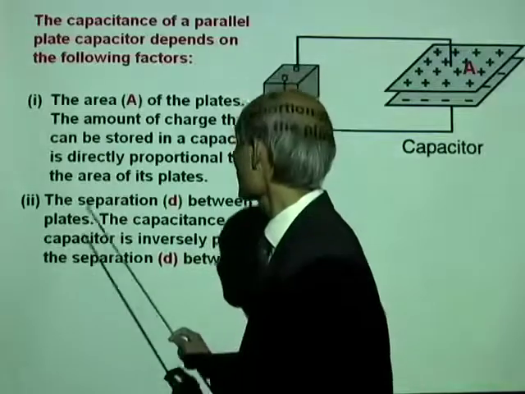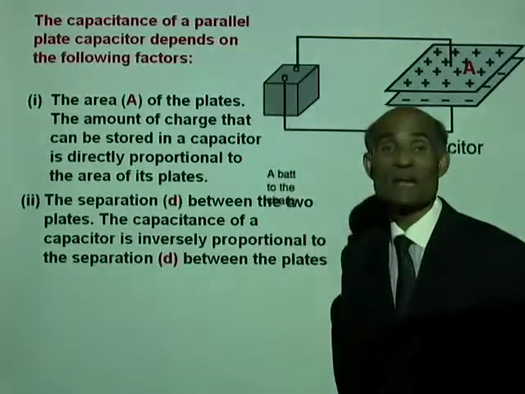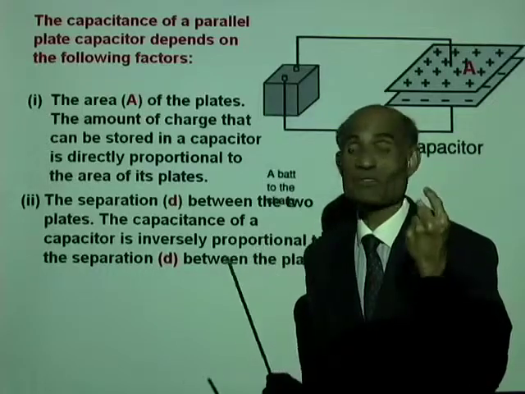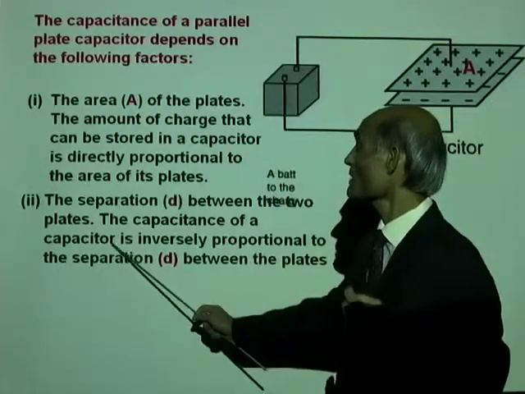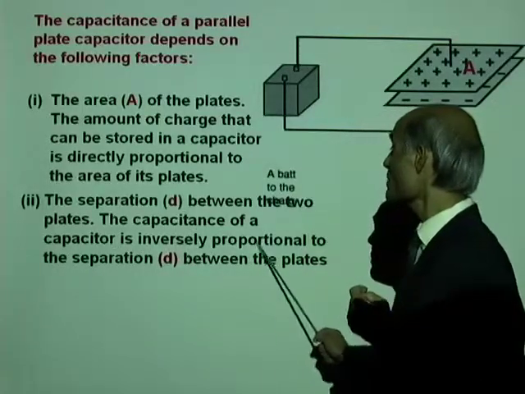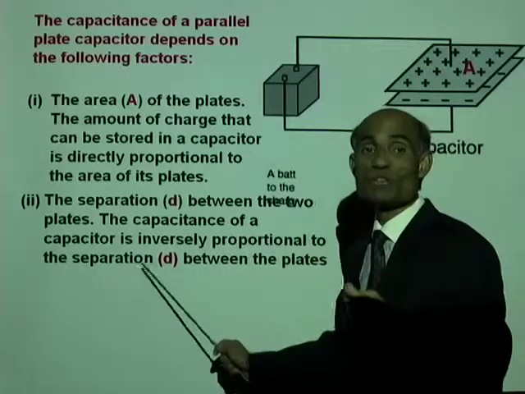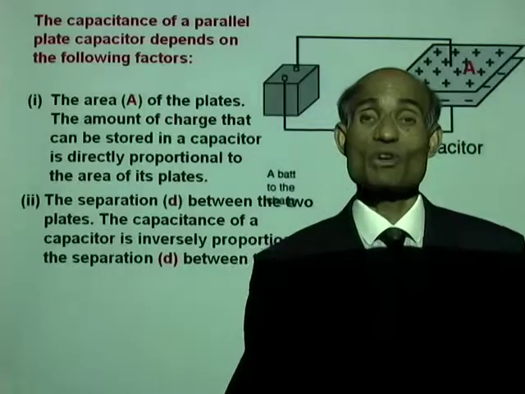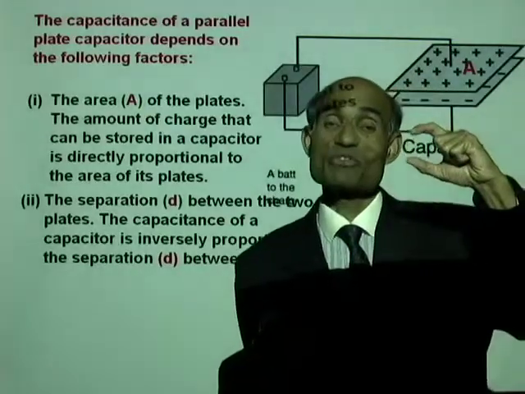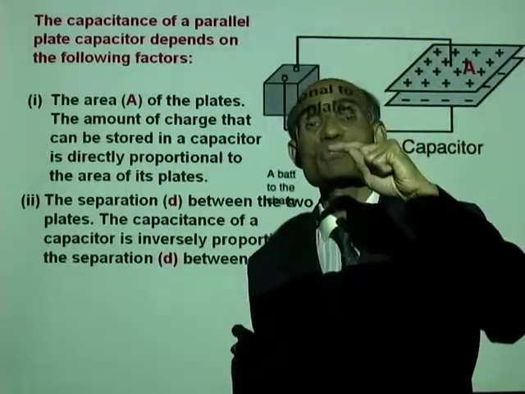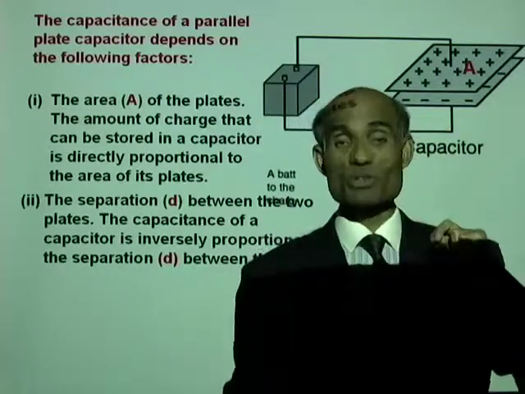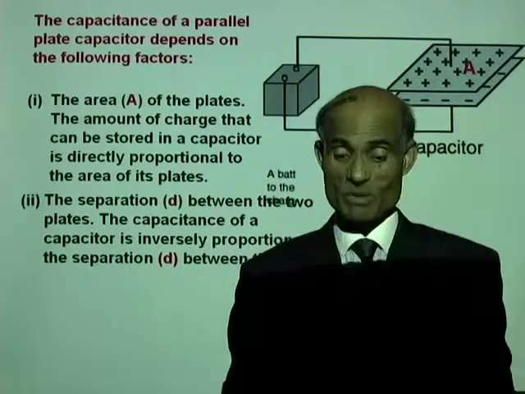So the separation D between the plates also is a determining factor on its capacitance. Capacitance of a capacitor is inversely proportional to the separation D between the plates. So we have now capacitance is directly proportional to the area of the plates and inversely proportional to the separation between the plates.